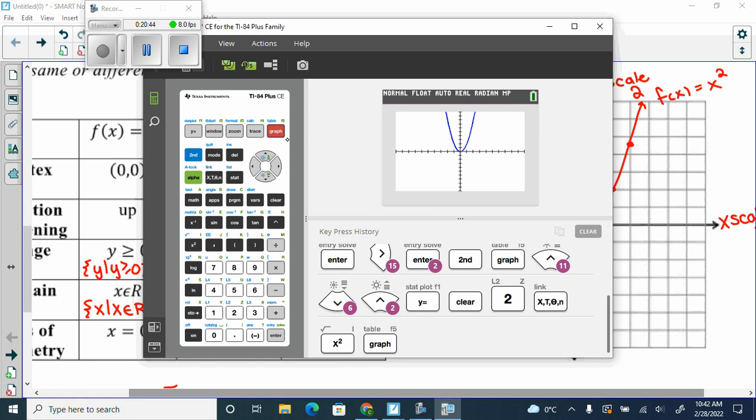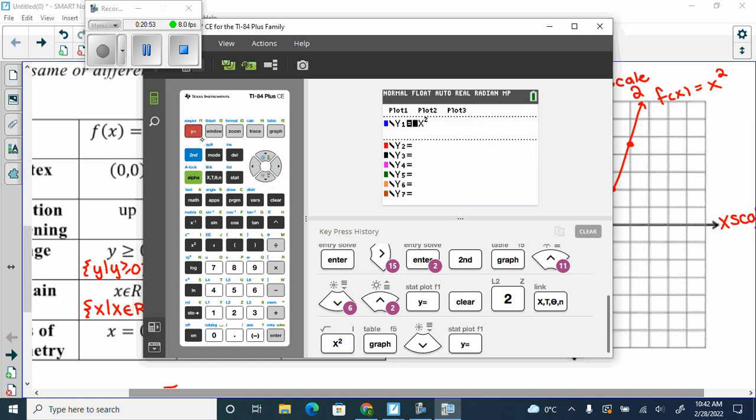Now what I'm going to do, and I'm going to take this back off in a second, but I want you to do this. Go to your y2 and type in x squared so you can actually see what's going to happen. So we're going to type in x squared, but pay attention, don't press graph yet.